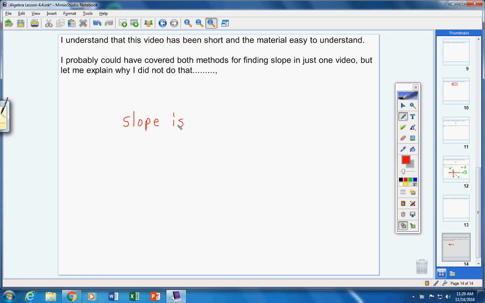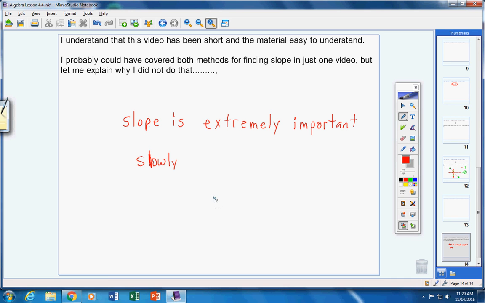Slope is extremely important in algebra and pre-cal and calculus for that matter. So it's a topic that I want to go very slowly through. Okay? To make sure that you understand this. I don't want to rush it. I want to take my time and go slow. You need to understand what slope is and how to find it.